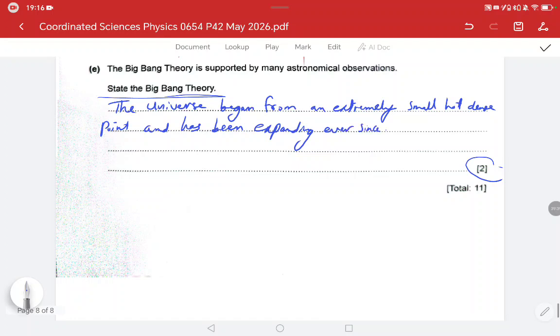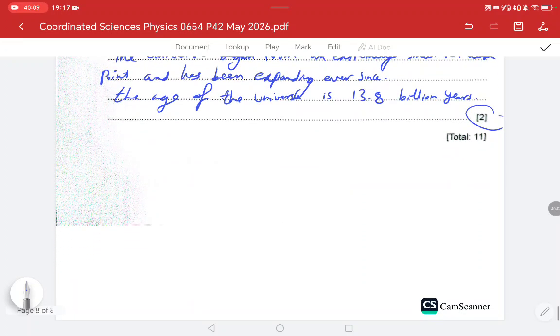Yeah, these 2 points are okay. If you know more, it's better to write that the age of the universe is 13.8 billion years.